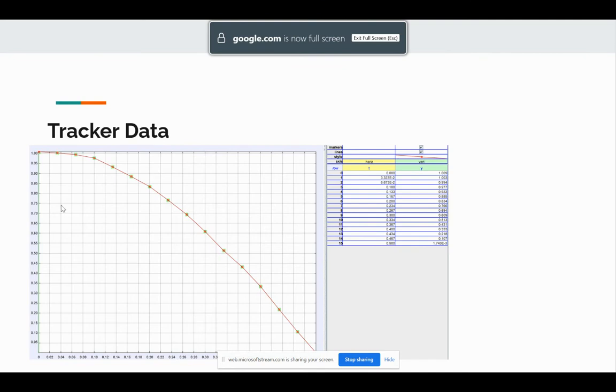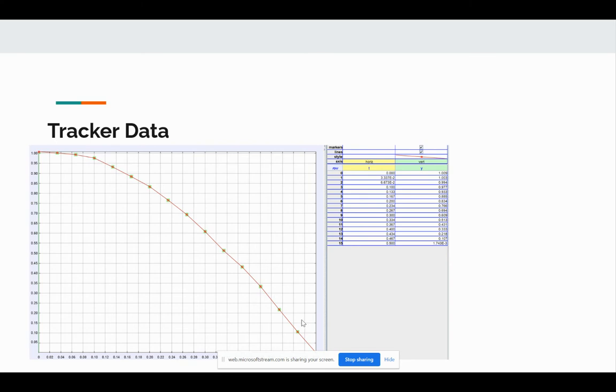From that tracker video, I tracked all its points as it fell, every 0.033 seconds. And as you can see here, it's a curved slope showing the effect of acceleration, like the gravity and net force on it.